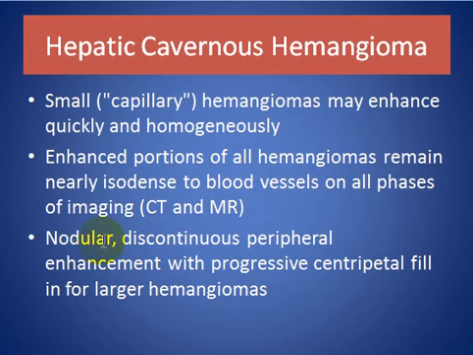Nodular discontinuous peripheral enhancement with progressive centripetal filling in for larger hemangiomas. It is also very important to remember this. It is nodular discontinuous peripheral enhancement and filling in the delayed phase.